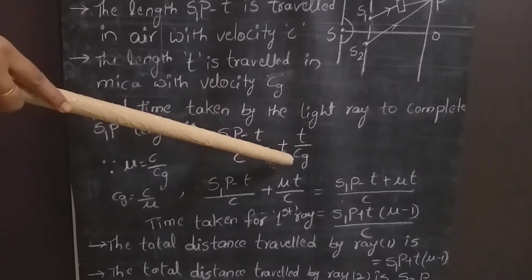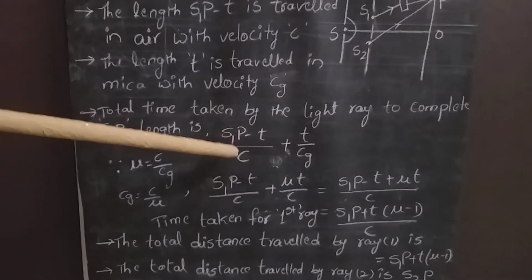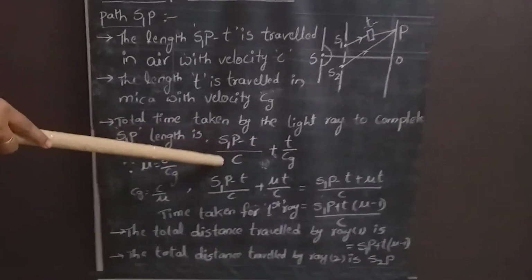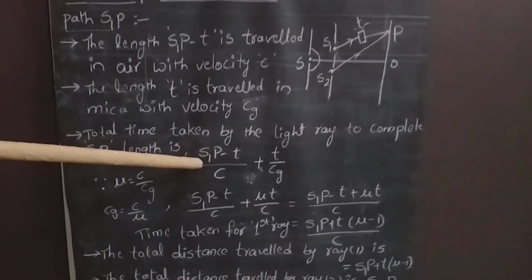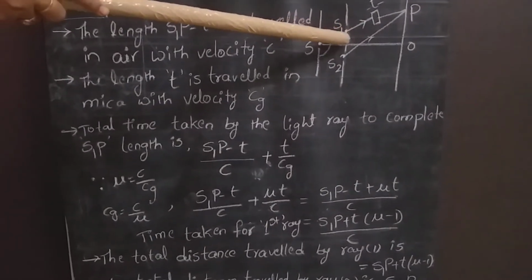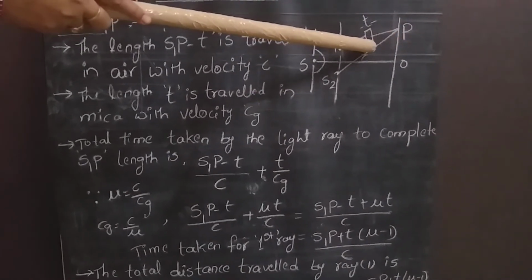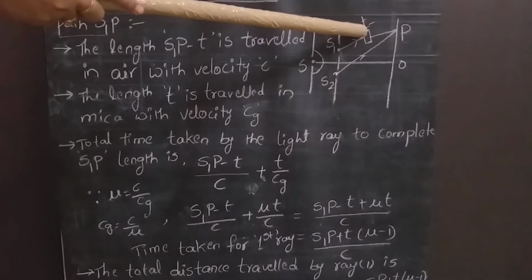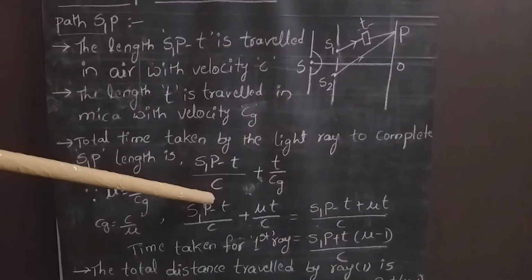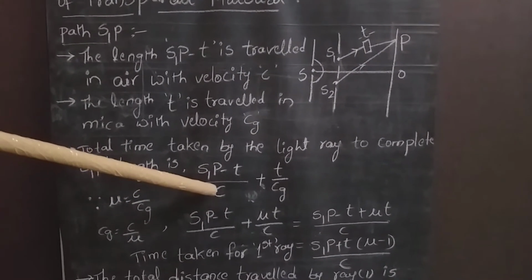Next, there is one additional factor, that is this much. This is the time taken by the light beam when it started its journey from here and ends up at this P point. In between we are neglecting this T value, the thickness of the mica sheet, and also this C is the representation of the velocity of light in vacuum.